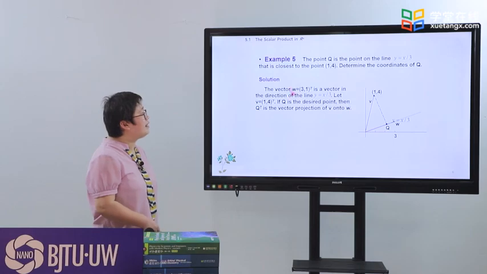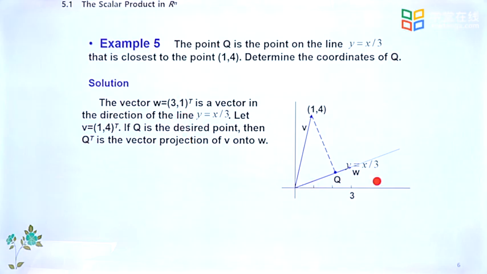The vector w equals (3, 1) is a vector in the direction of the line y equals x over 3. And we let v equals (1, 4), connecting the origin to this point. If Q is the desired point, then we know Q is the vector projection of v onto w.